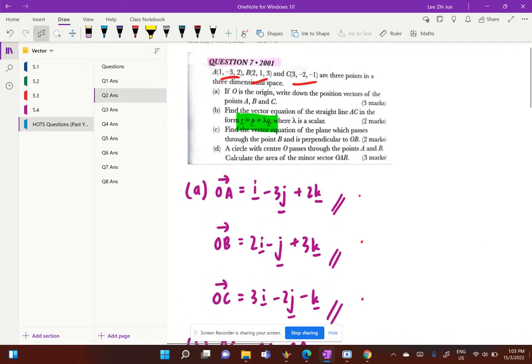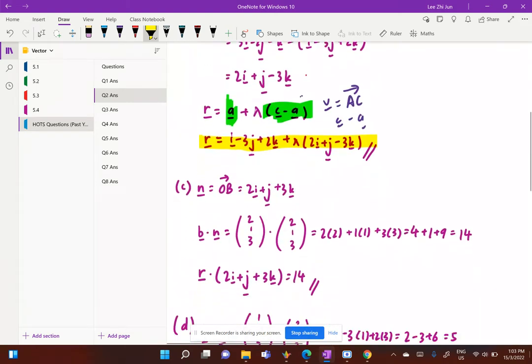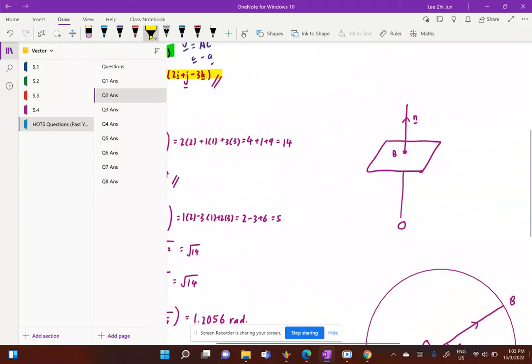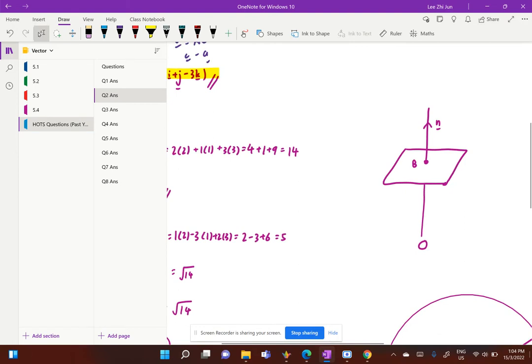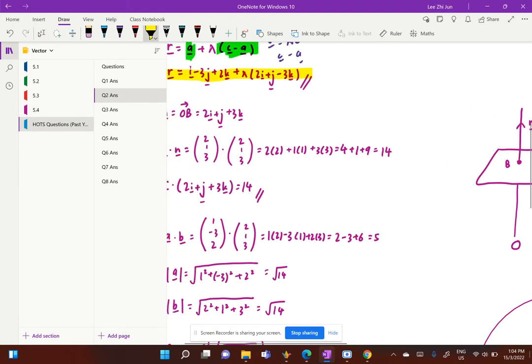Okay, find the vector equation of a plane passing through point B perpendicular to OB. I wrote it as pass because it passes through B perpendicular to OB. You see a line and the plane like that.